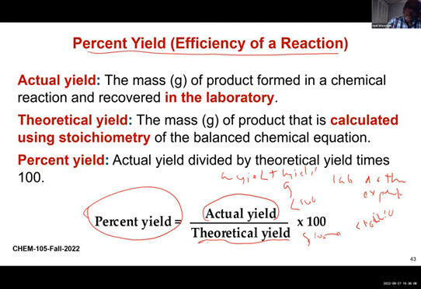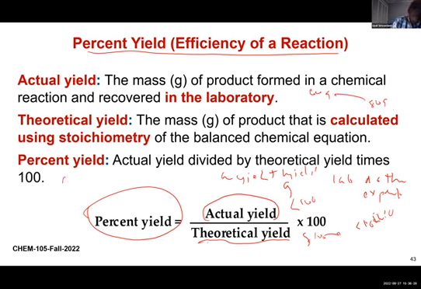If you do an experiment and get 60 grams of actual yield, and the calculated yield is 80 grams, what is the efficiency? You were supposed to get 80.